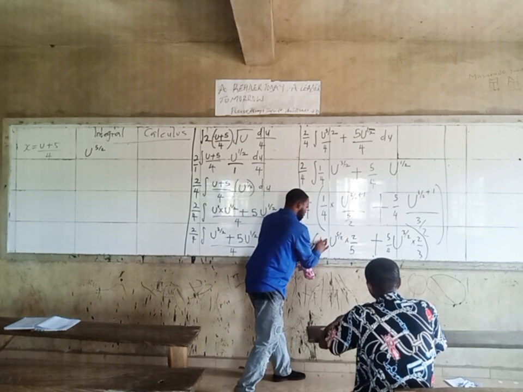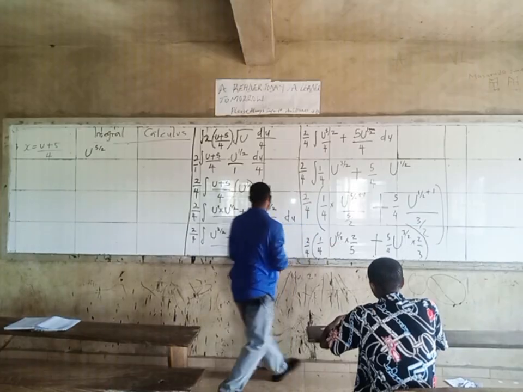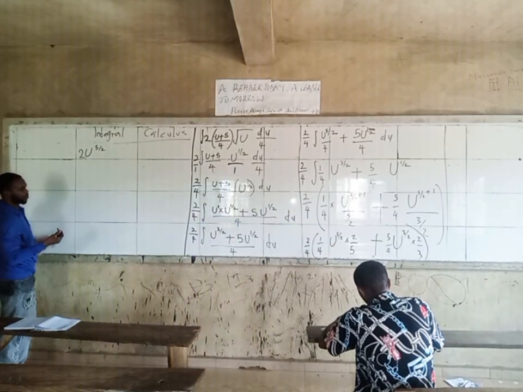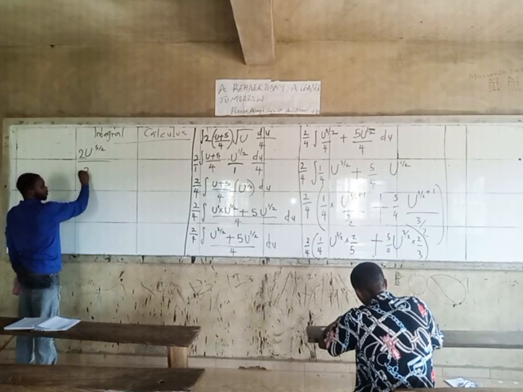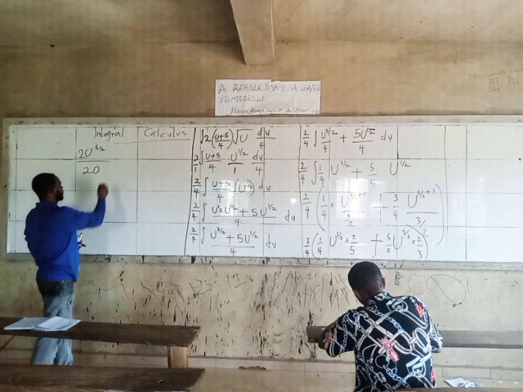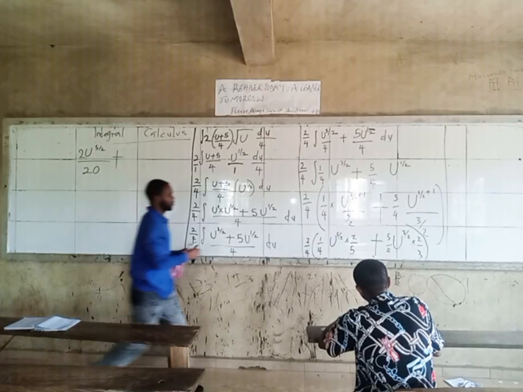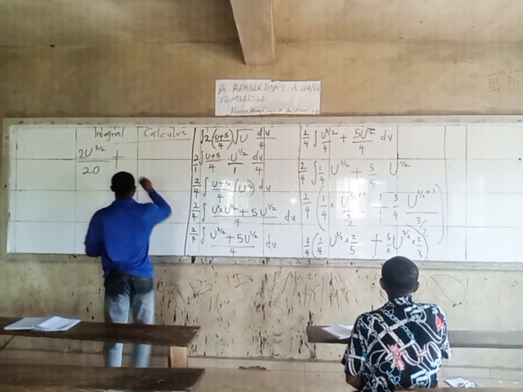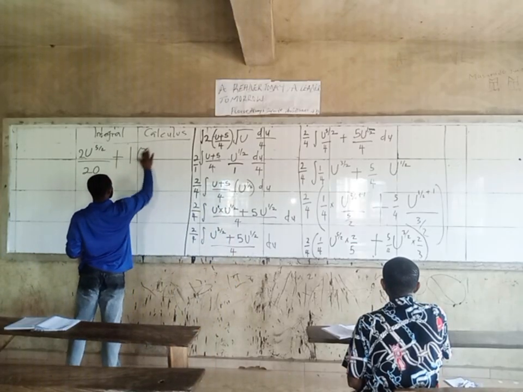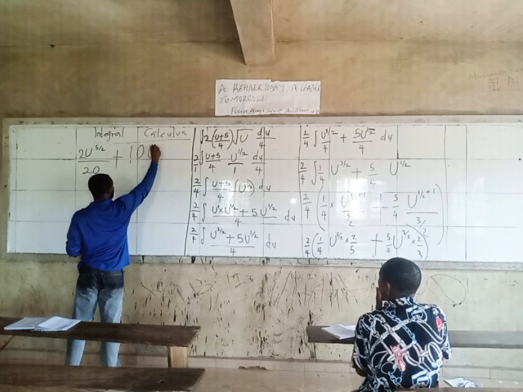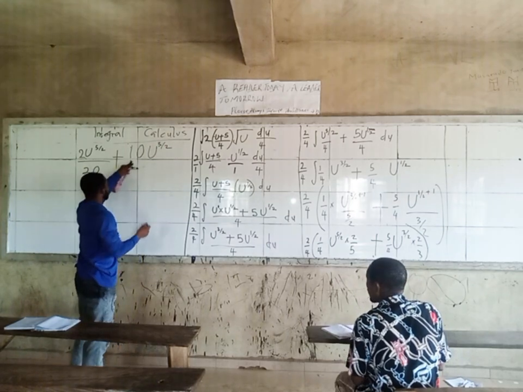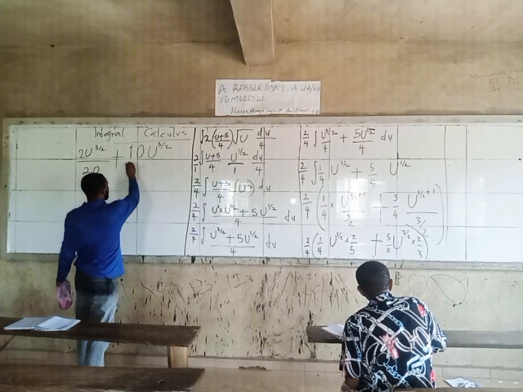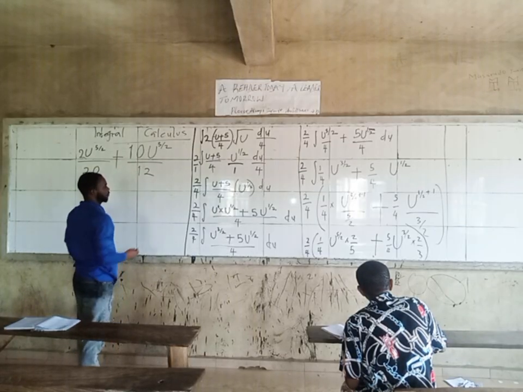So it will be 2 times 1, 2. Then, remember this one is power. So it will be 2u raised to power 5/2 all over 20. Then plus 2 times 5, 10. So plus 10u raised to power 3/2, 10u raised to power 3/2 all over 12.